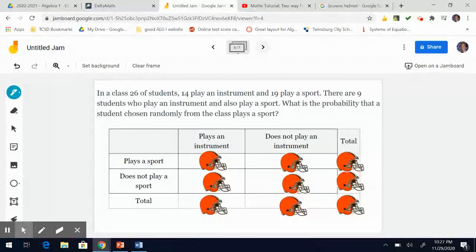In a class of 26 students, where is that going to be? We are going to reveal that to be right there, 26. What other information do we know? We have 14 play an instrument. So where's that going to go? 14 total play an instrument, so that's going to go here.